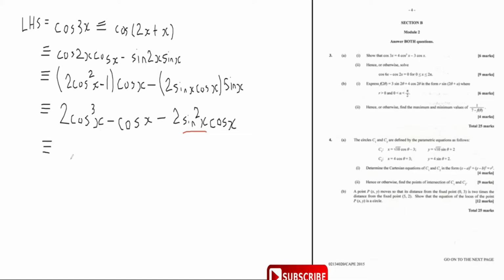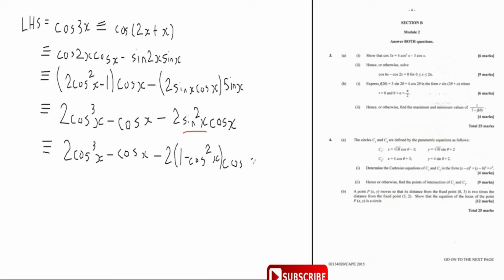This becomes 2 cos cube x minus cos x, and then we replace the sine square with 1 minus cos square. So it becomes 2 times 1 minus cos square x, and it's still being multiplied by, of course, cos x.